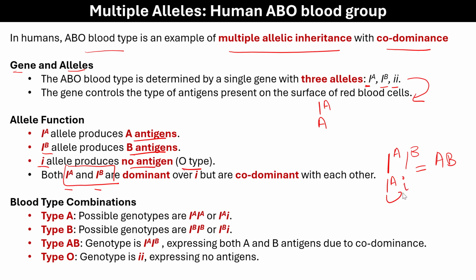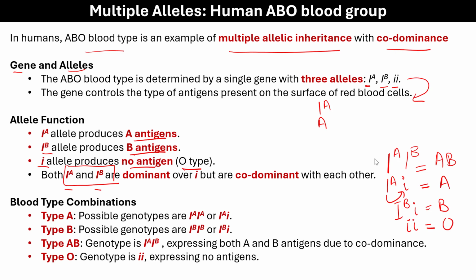IA is dominant over small i. So this will give you blood type A. Again, IB is dominant over i. This will also give you blood type B. But if you only have i's, only then this recessive allele will be expressed and give you the character of O type blood.